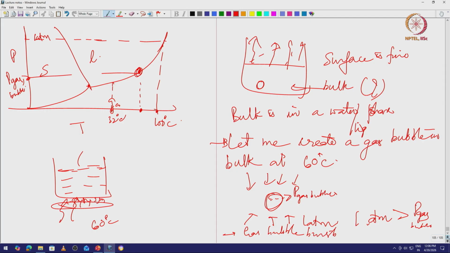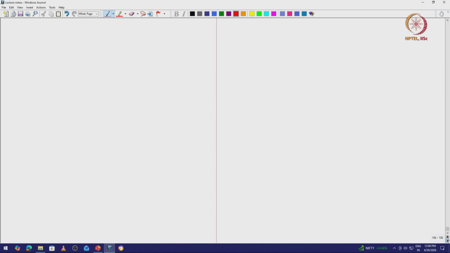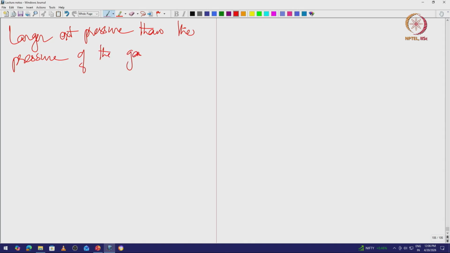There is a larger external pressure than the pressure of the gas bubble at 60 degrees Celsius. So, these gas bubbles are unstable, even if they are created they just burst. So, at 60 degrees Celsius I do not have gas bubbles in the bulk.